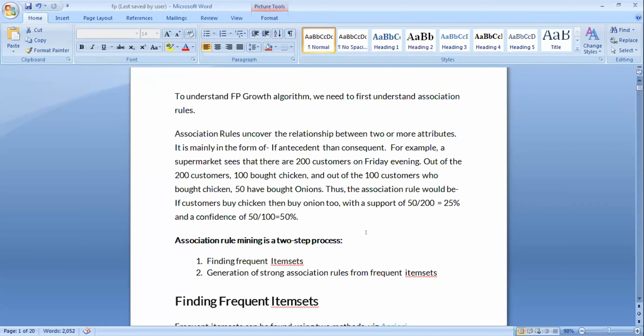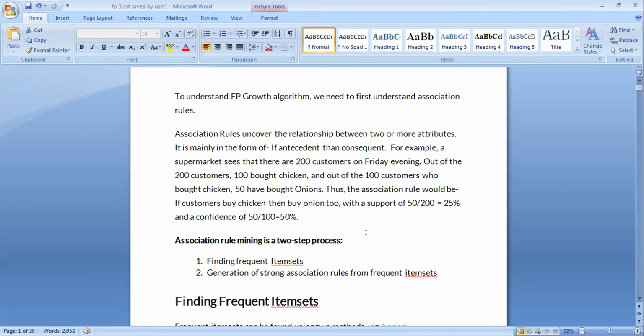So here you have to give an example. Out of 200 customers, 100 people buy chicken, and out of the 100 customers who bought the chicken, 50 persons have bought onions also. The association rule would be that the customers who buy chicken also buy onion, with the support of 50 by 200, that is 25%.